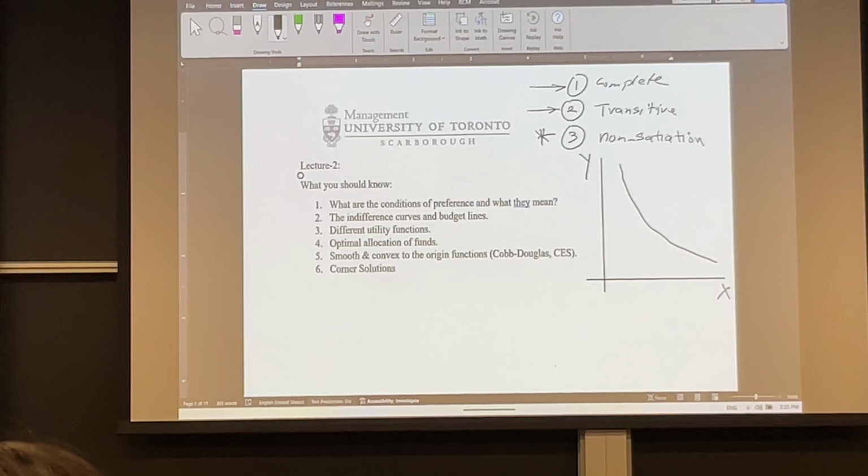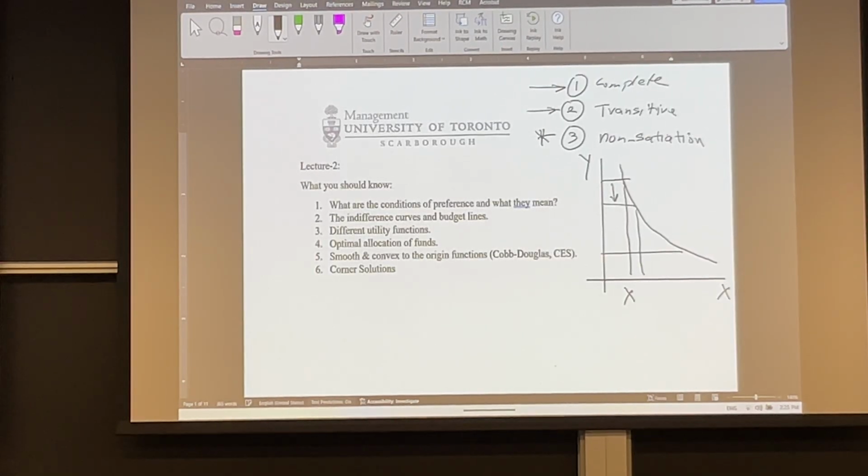Think about why. Here, this individual has not much x, a lot of y. If you give him one more x, he's willing to give up a lot of y's. Here, he has a lot of x. Give him the same number of x, he's willing to give up far less y.